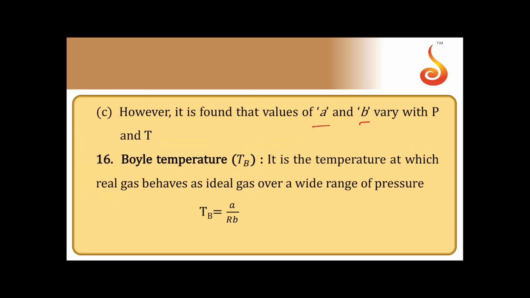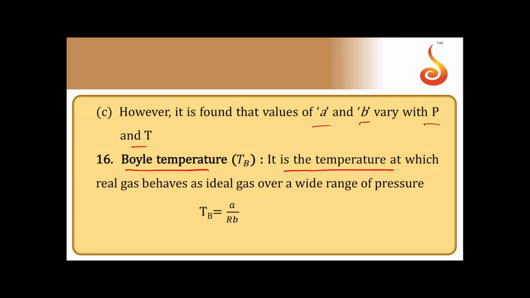The values of a and b will not be constant for a given gas if you change the pressure and temperature. So the values of a and b are different for different gases, and for a given gas also the values will not be constant with pressure as well as temperature. Then comes Boyle temperature. What is the meaning of Boyle temperature?